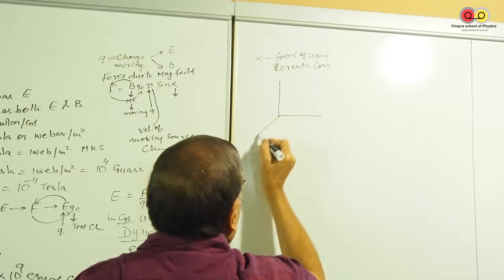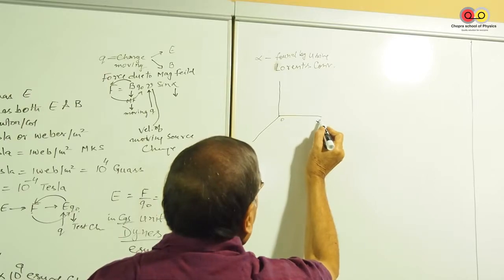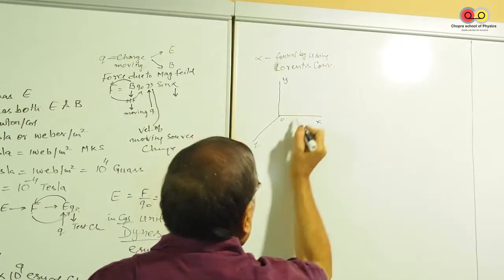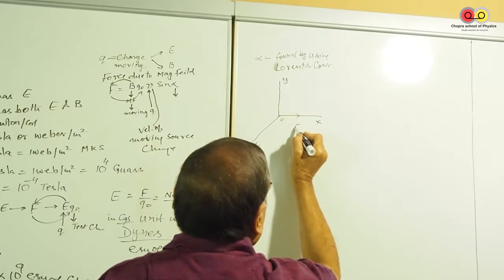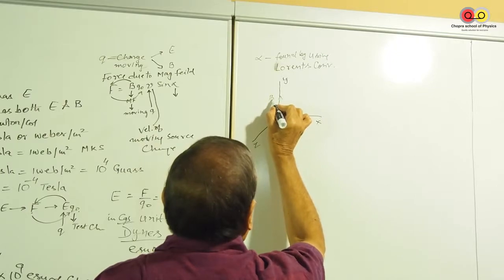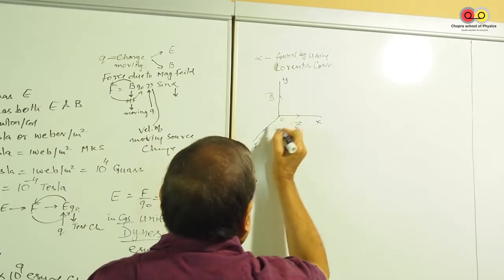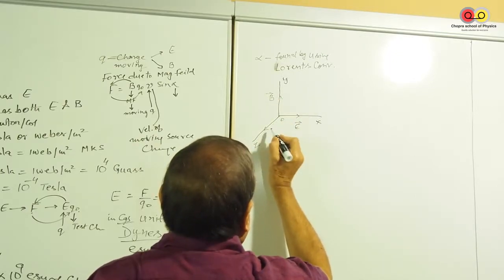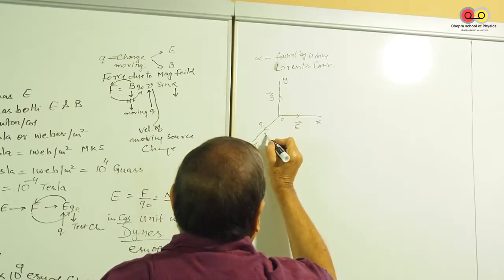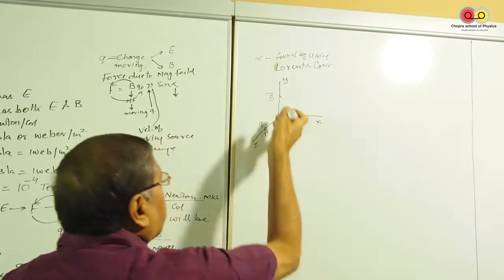3 dimensions, OX, OY, OZ. OX is indicating electric field, OY is indicating magnetic field, and OZ, the motion of source charge with velocity v. So it is velocity.